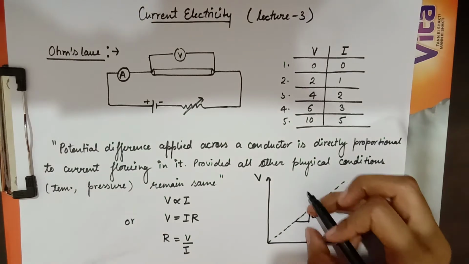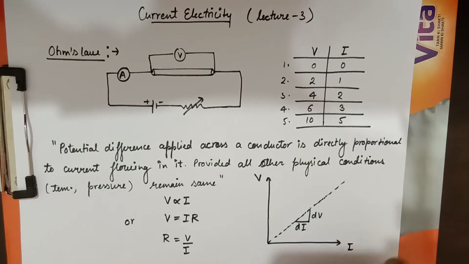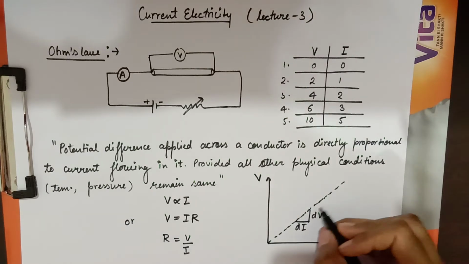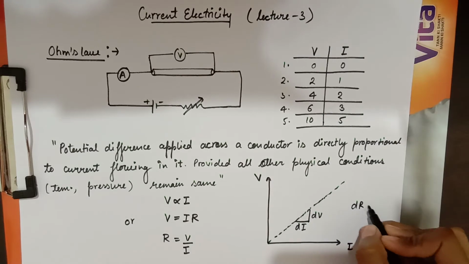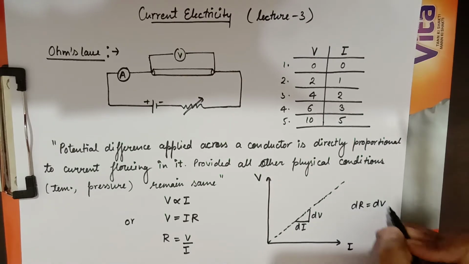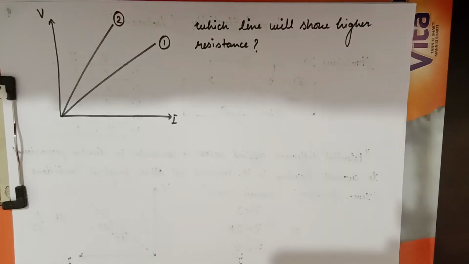Means if this is dV and this is dI, then dV upon dI will give us dR, the value of resistance. As you know, the slope of the line gives us the value of resistance.